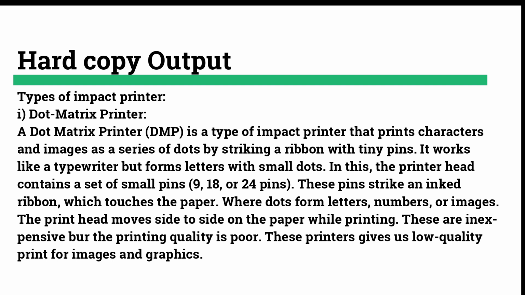These pins strike an inked ribbon which touches the paper, where dots form letters, numbers, or images. The print head moves side to side on the paper while printing. These are inexpensive, but the printing quality is poor. These printers give us low quality print for images and graphics.